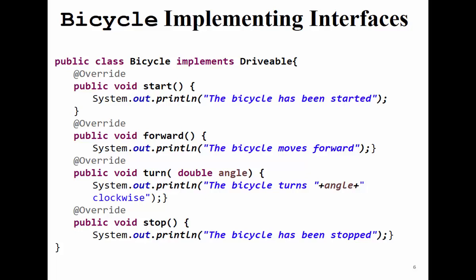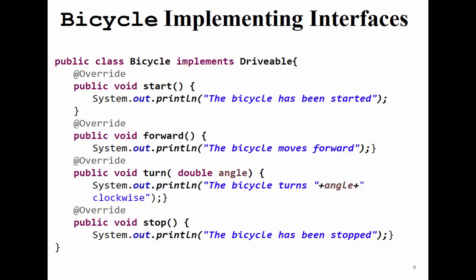Now, a class, an object, can implement multiple interfaces. You can implement a Drivable interface, you can implement the Cloneable interface, you can implement the Comparable interface. So you can implement multiple interfaces, and each interface comes with certain rules and certain behaviors that are added to your objects.